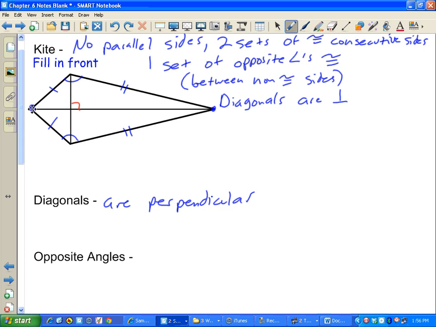This point up here is equidistant from these endpoints also, so it's on the perpendicular bisector of this segment as well. So not only are they right angles, but this diagonal is going to bisect this one.